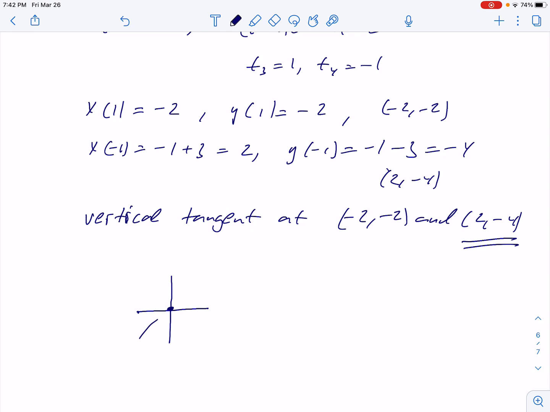The curve goes here, touches the horizontal tangent, then makes such a loop and has a vertical tangent also. This is quite possible. It's one and the same point on the curve, but it corresponds to different values of the parameter. So when you are tracing the curve, you're going twice through the same position.